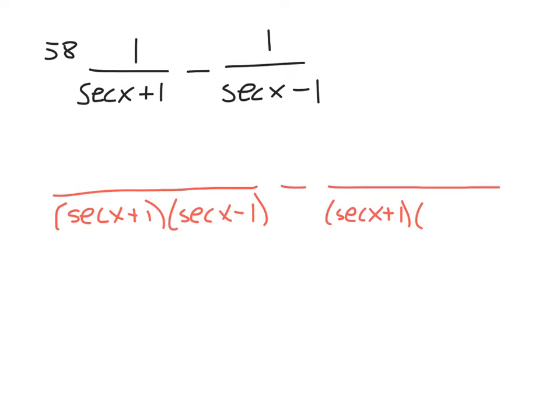And that means we have to multiply the numerators of each of these fractions by the part that was missing.